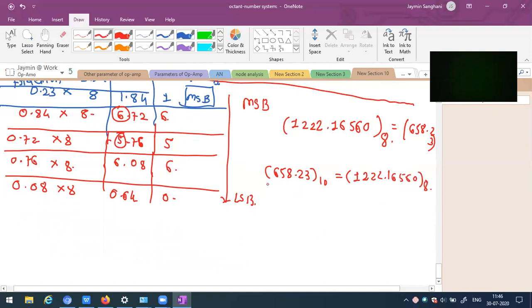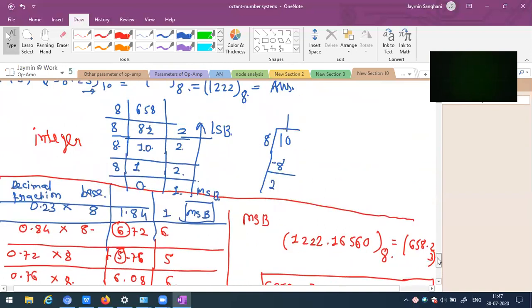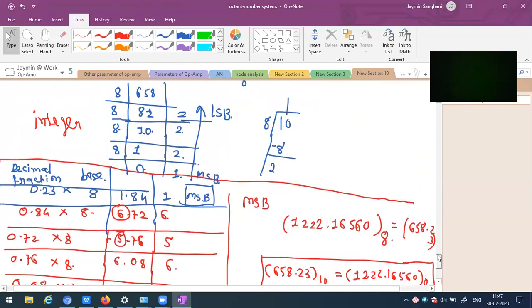This is the answer. So how the integer value and fraction value are related, I have explained here.